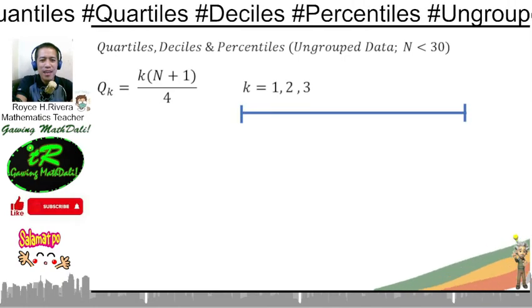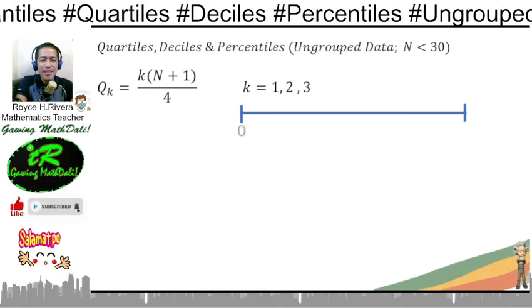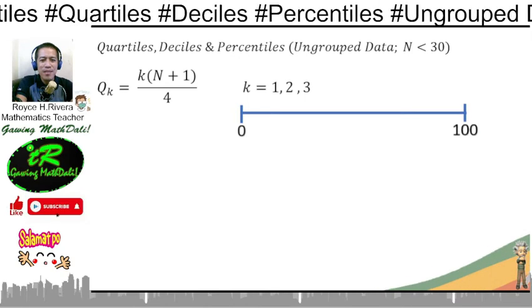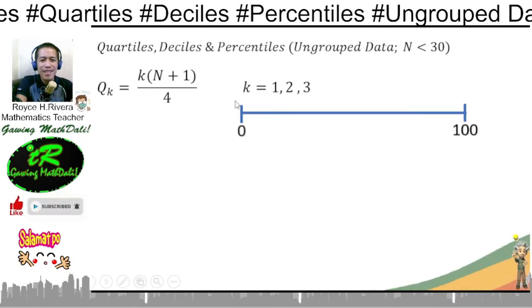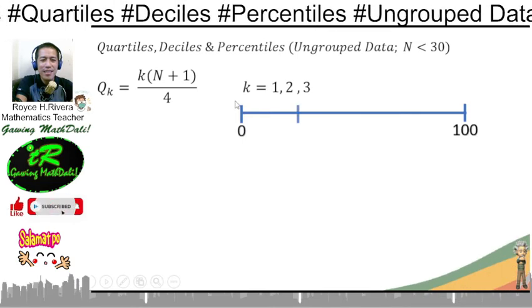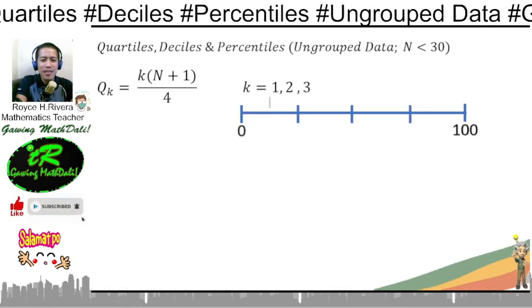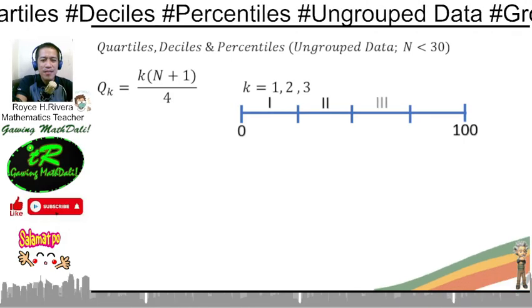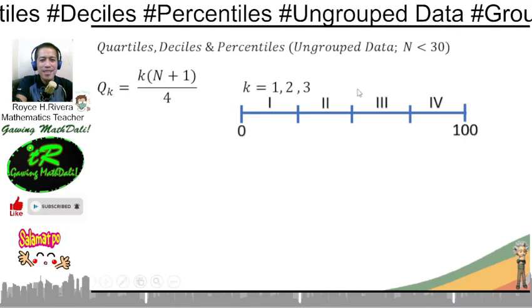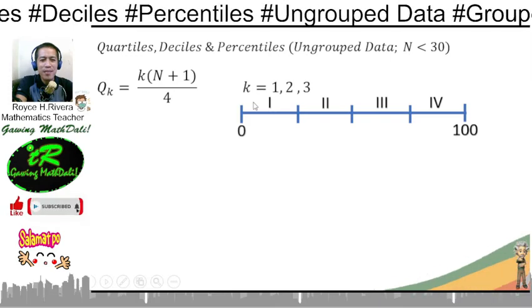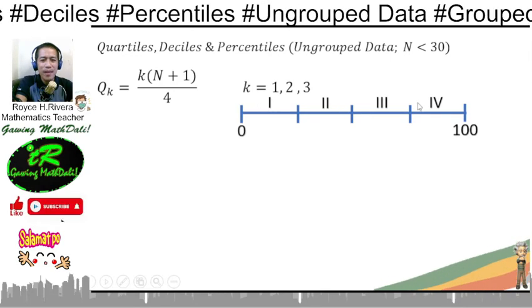Suppose that we have a number line from 0 to 100. Quartiles divide the number line into 4 equal parts. Each part is equivalent to 25%.